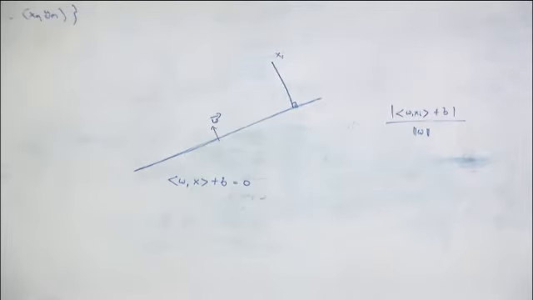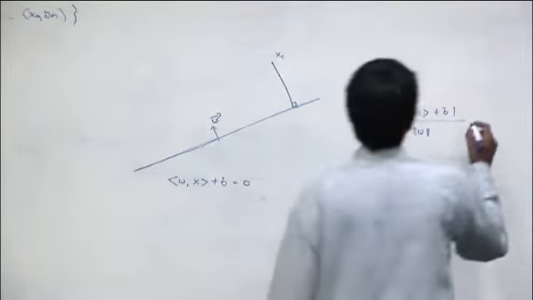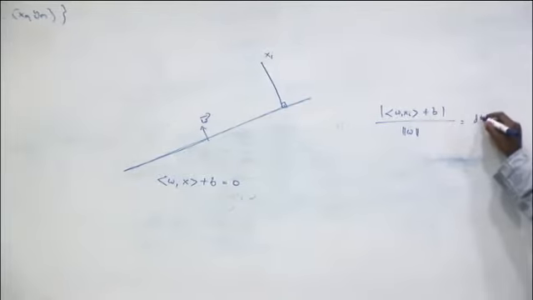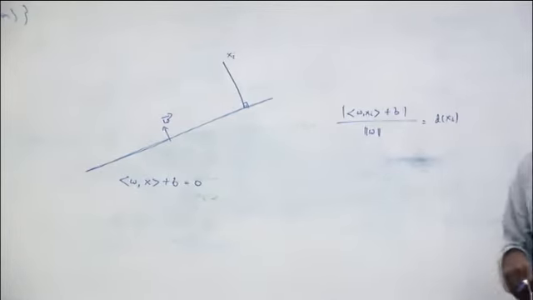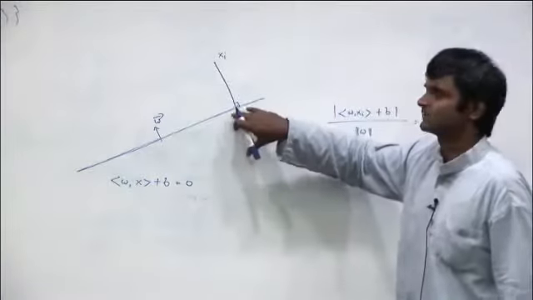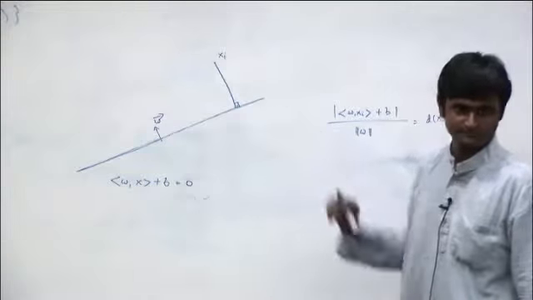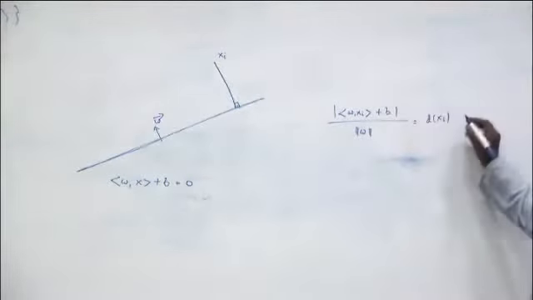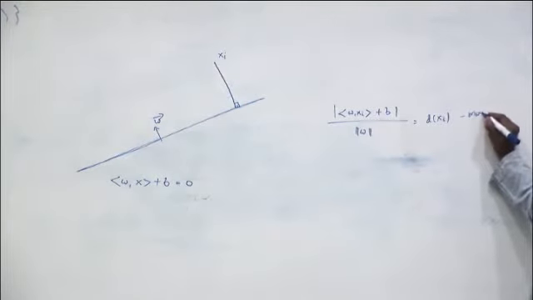This is nothing but the distance of xi. We are also going to call this the margin, as in how far away xi is from this decision hyperplane. So we'll also use the term margin.